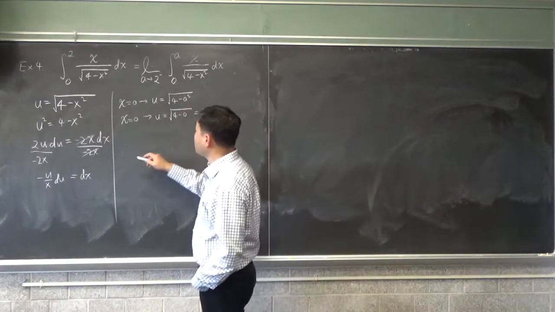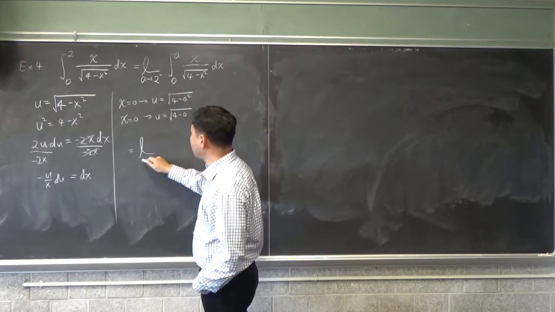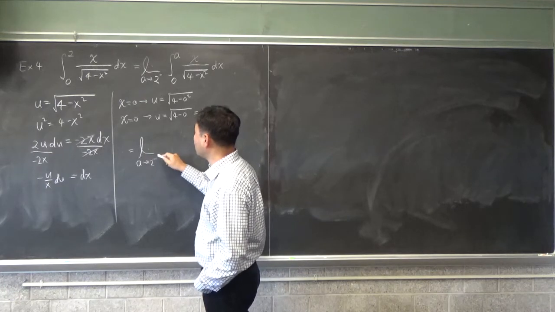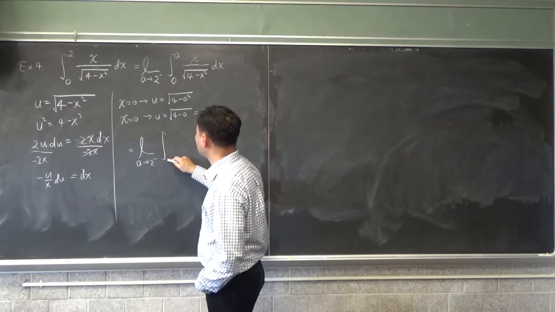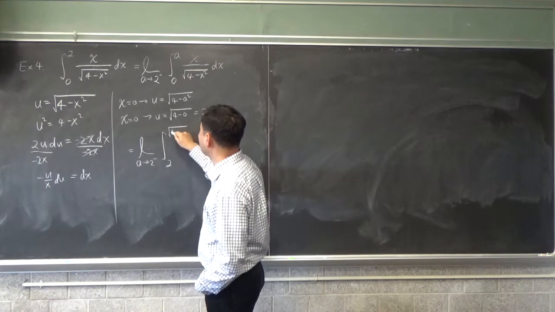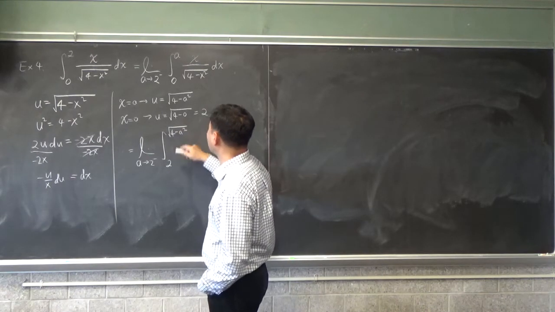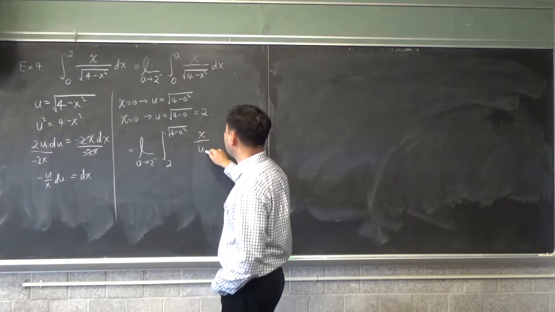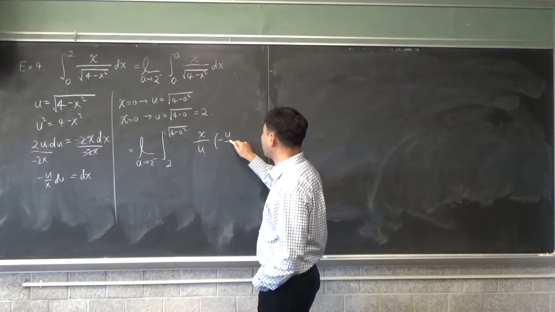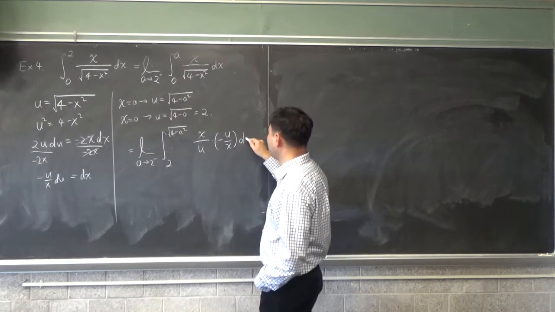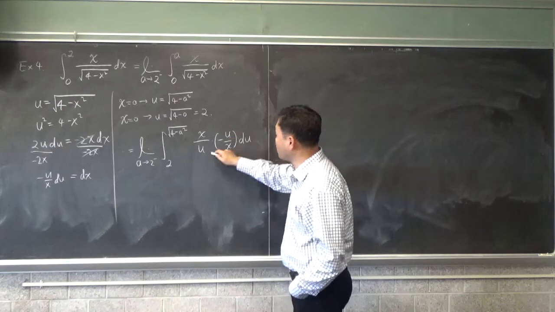Therefore, now this integral would still be the limit as a goes to 2 minus, but the integral would be from 2 to the square root of 4 minus a squared of x over u times negative u over x du. Because dx is now replaced by this one.